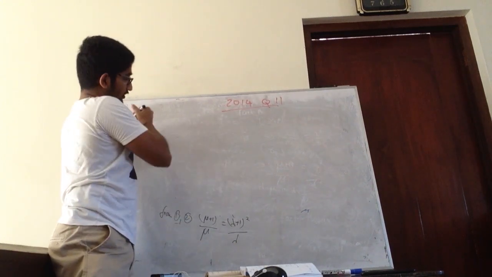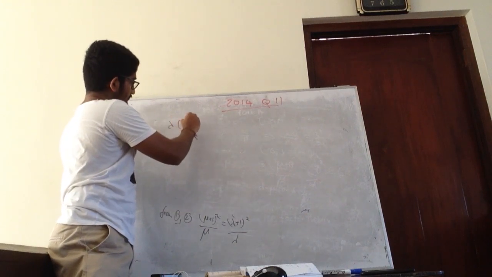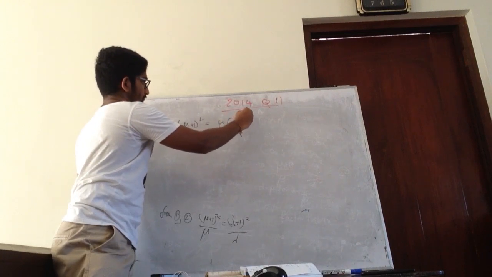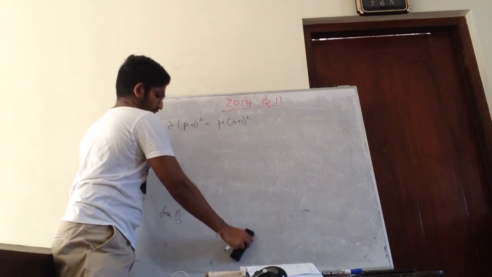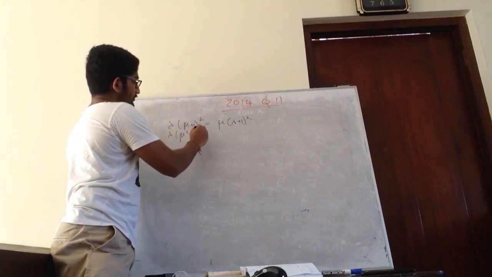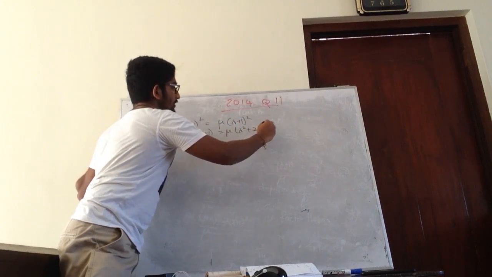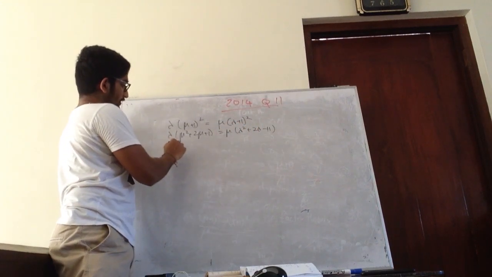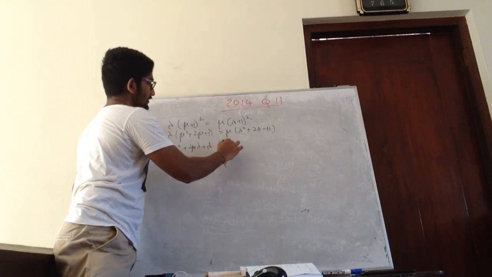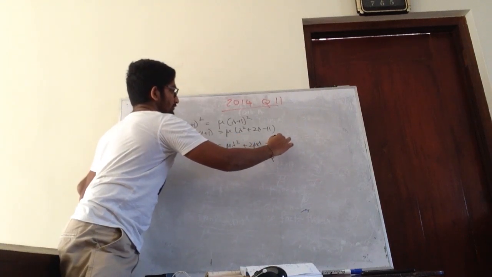And so I'm going to cross multiply this. Then lambda mu square plus 2 mu plus 1 equals mu lambda square plus 2 lambda plus 1, then lambda mu square plus 2 lambda plus lambda, lambda square 2 lambda plus 2.